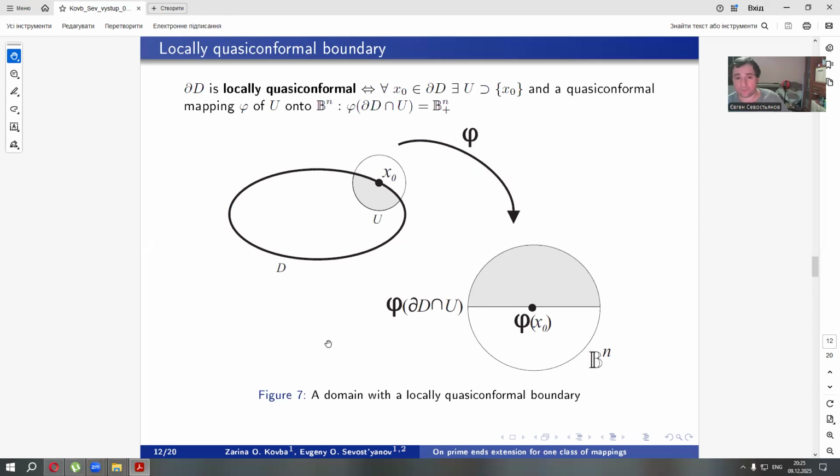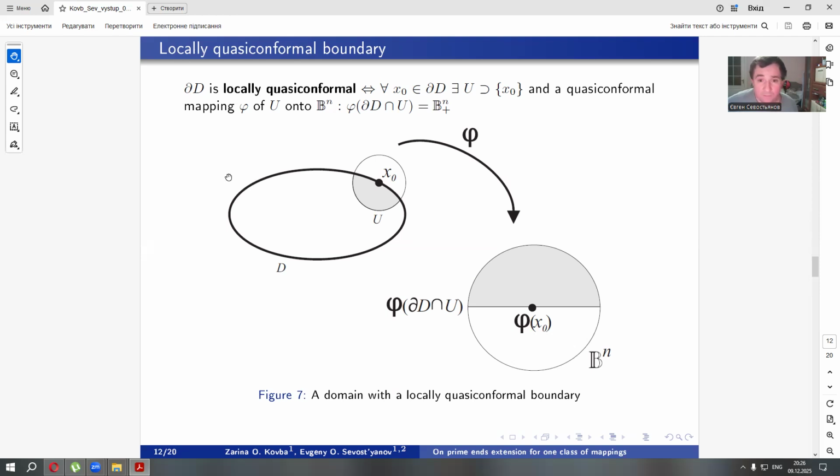So if we have some mapping of D onto another domain with a locally quasi-conformal boundary, this picture is not good because it relates to another notion for domains with a locally quasi-conformal boundary.